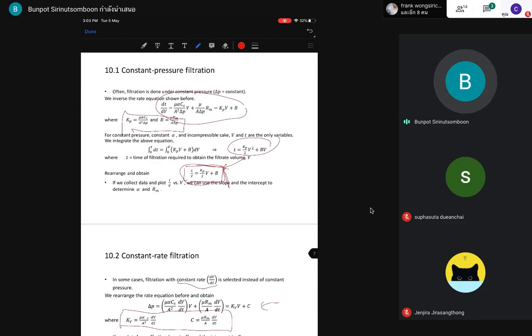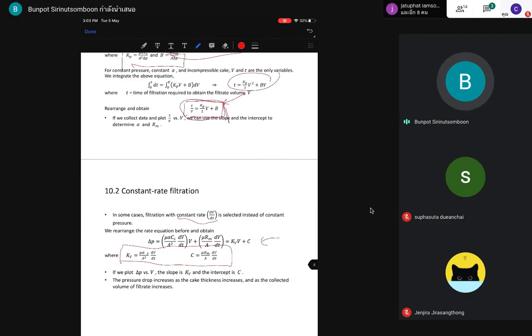Another mode of operation is constant rate. This time you don't control the pressure drop, you control the flow rate instead. By keeping the flow rate constant, the pressure drop is not constant, it changes over time.